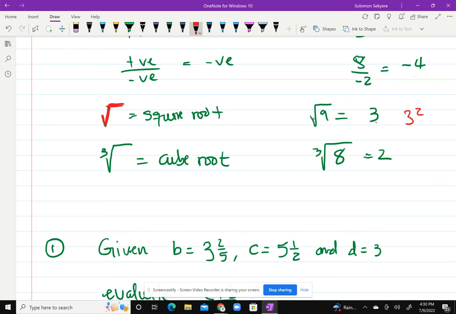So 3 squared equals 9, and the reverse of the square is to take the square root of 9 to get back to 3. This sign with a 3 on top is the cube root. So the cube root of 8 is 2. It's the number that when you multiply it by itself 3 times gets you 8. That number is 2. Keep that in mind.